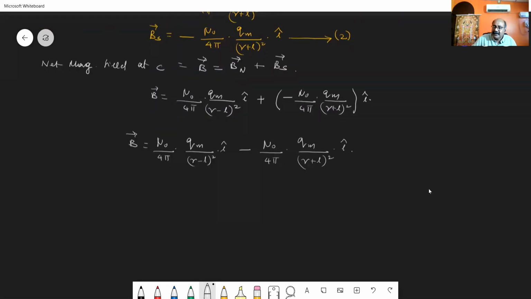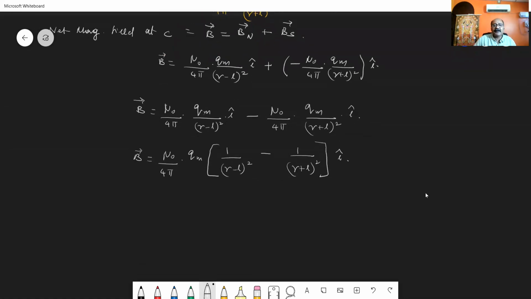Take common. You can write B vector is equal to mu 0 divided by 4 pi into, take Qm as the common for both, Qm into 1 divided by R minus L the whole square minus 1 divided by R plus L the whole square, again with I cap.